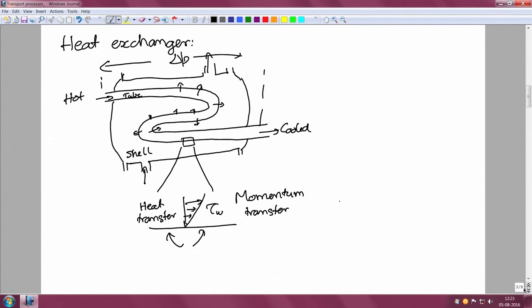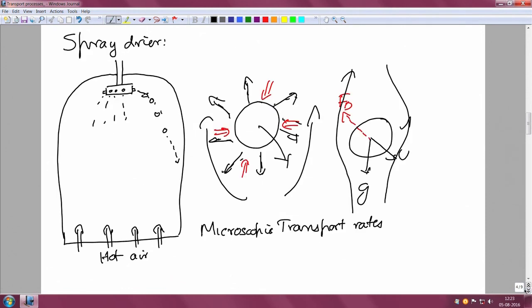Similar is the case of heat transfer. In the case of a heat exchanger, heat is being convected in along with the fluid at the inlet, the cold fluid is being convected out. However, the transport across the surface has to take place due to diffusion because there is no fluid flow across the surface. And similar is the case for the droplets.